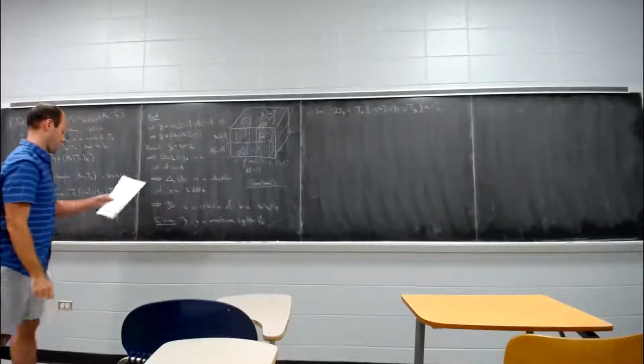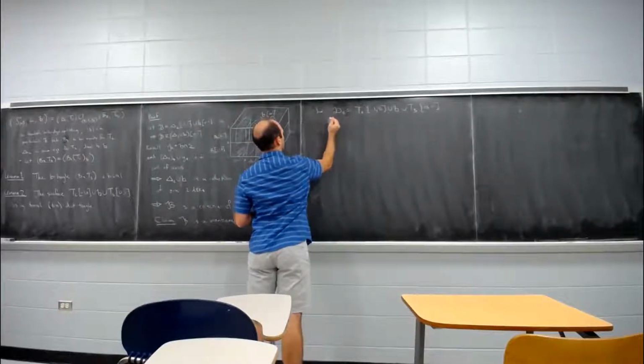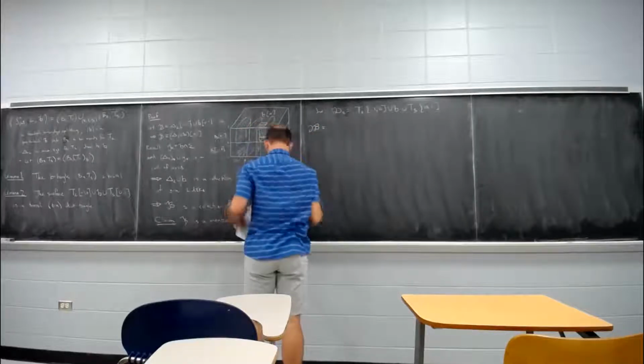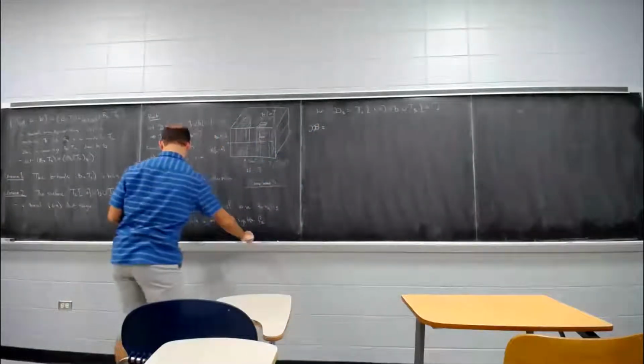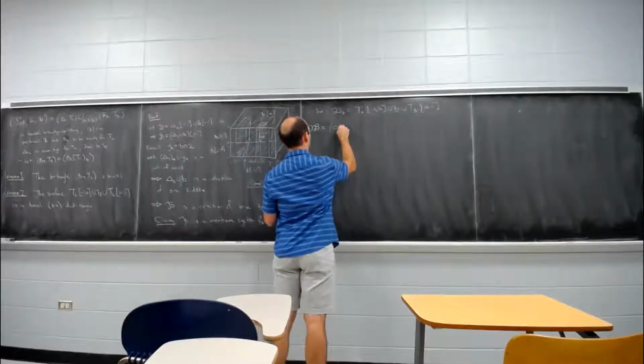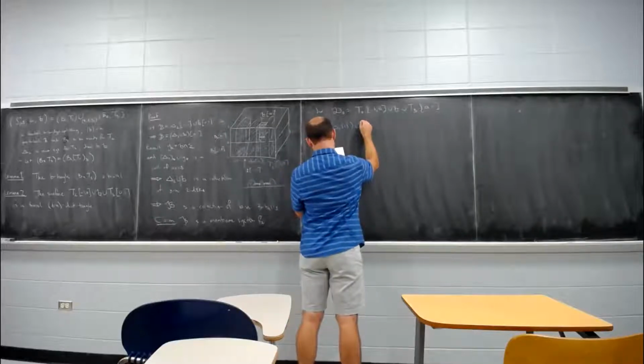Yeah, the claim is that it's a membrane system. So let's look at the boundary of B. The boundary of B has two sorts of pieces. The first is, let me just write this and let's try to figure out what I meant.